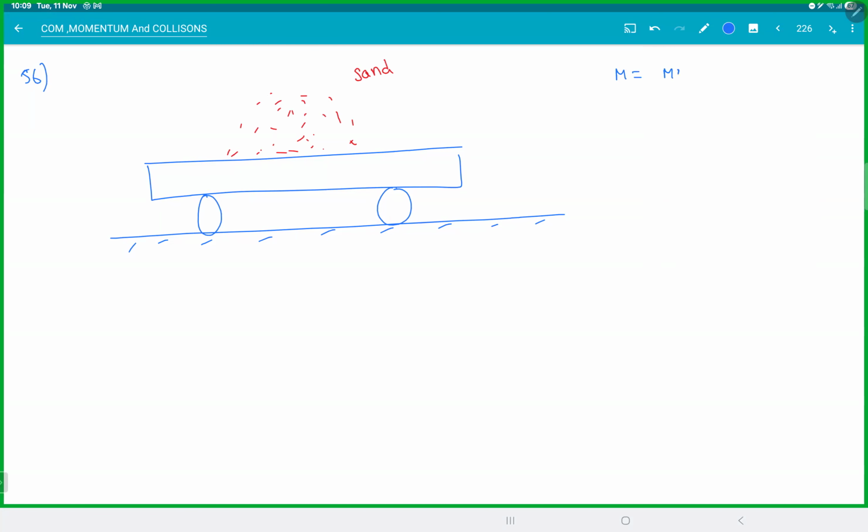Capital M is the mass of the sand plus trolley. Now you start applying a force F, which is a constant force, on the trolley. At the same time, maybe there's a small hole at the bottom. The sand starts leaking out and falls on the ground.